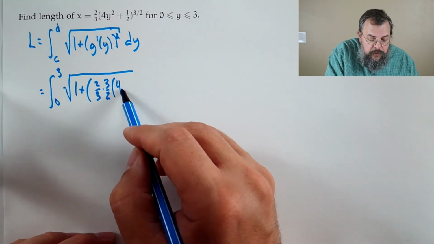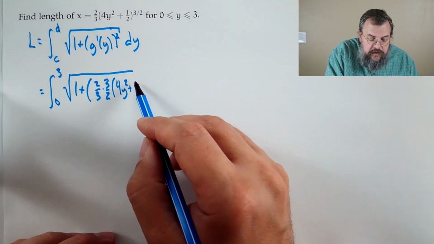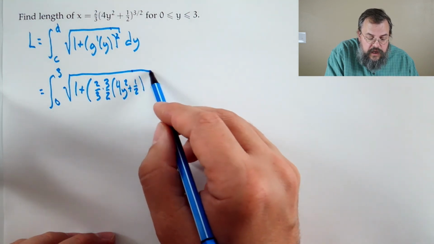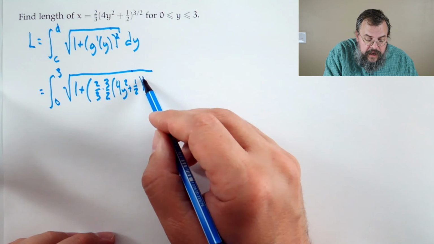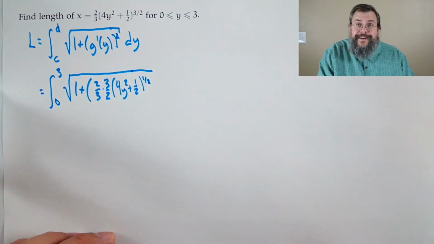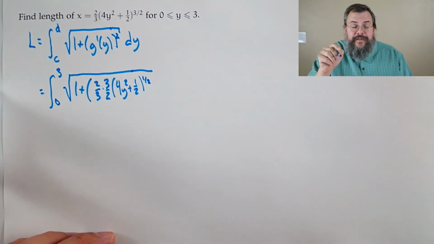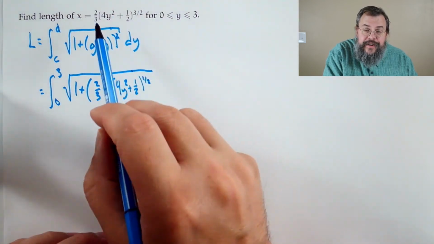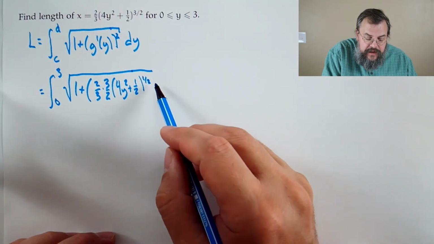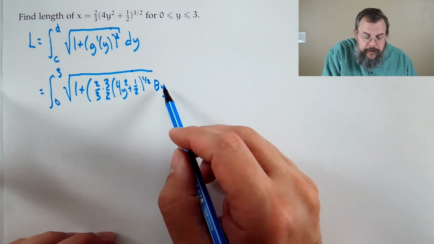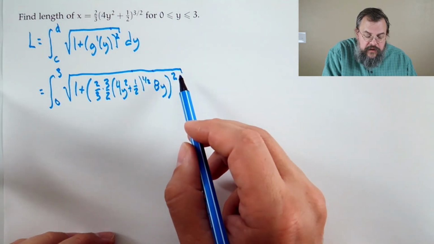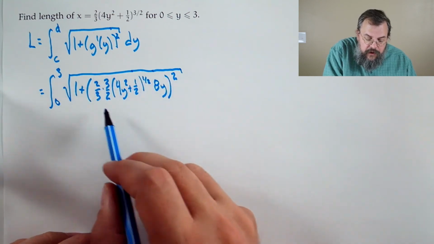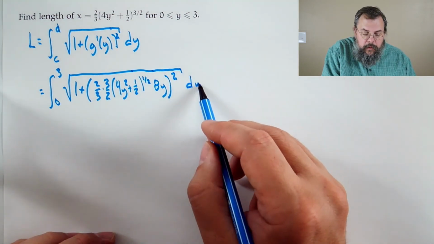Of 4y squared plus 1/2 to the power 3/2 subtract 1, 1/2 power. Are we done? Oh, there's something before the square. Chain rule. Now you have to multiply by the derivative of the inside, 8y. And that now squared. So this square is this whole thing, dy.